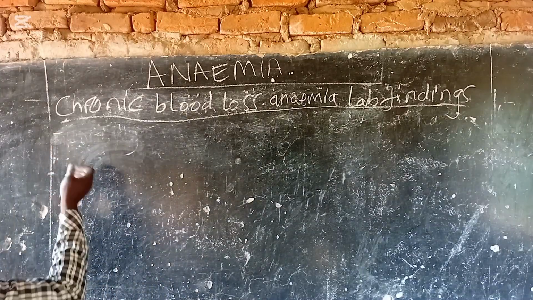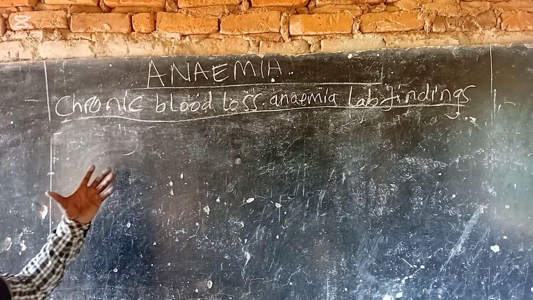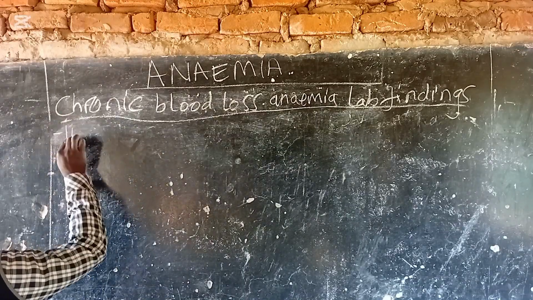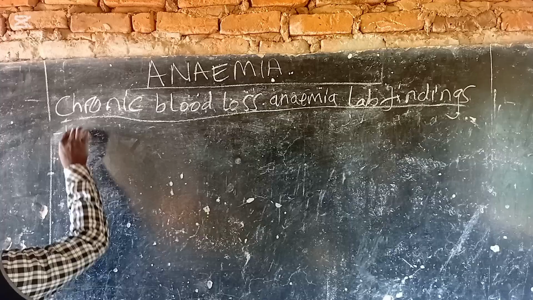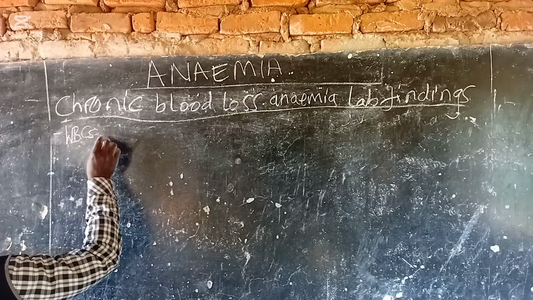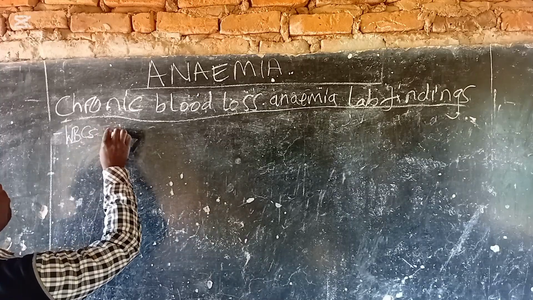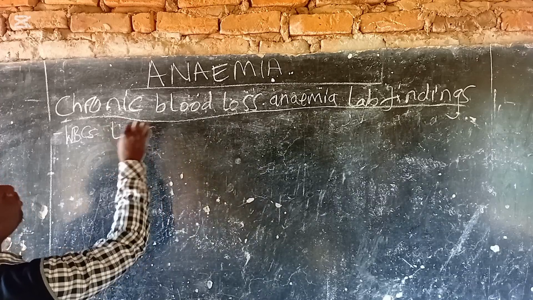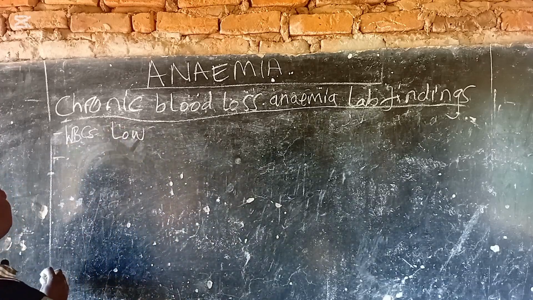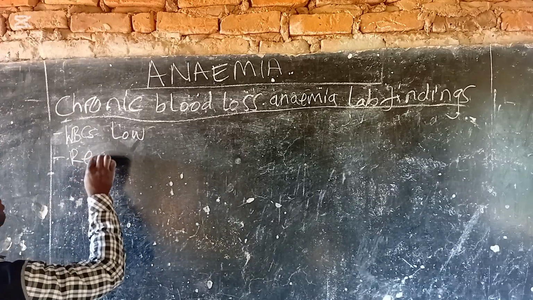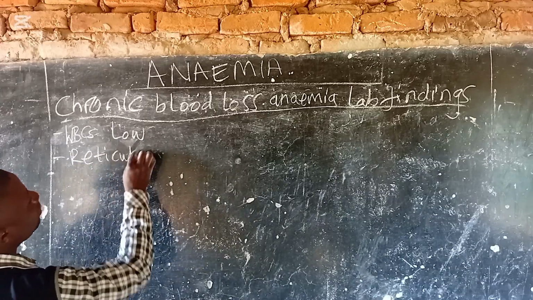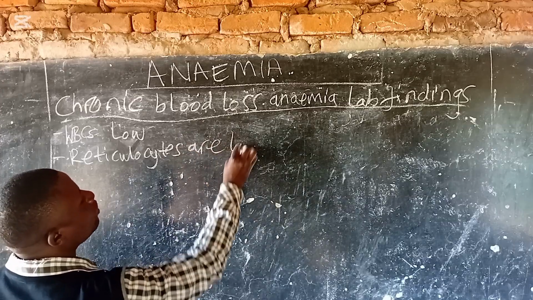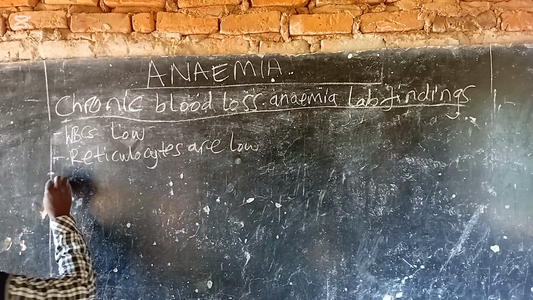When you go to the lab, in this case, you will find that the white blood cells will be low. Then reticulocytes are low.